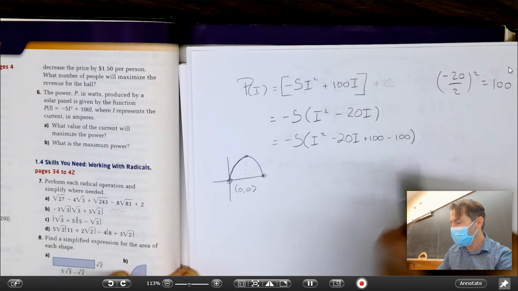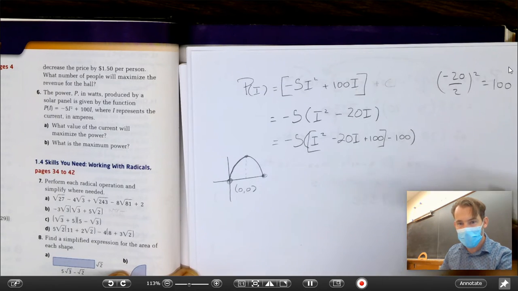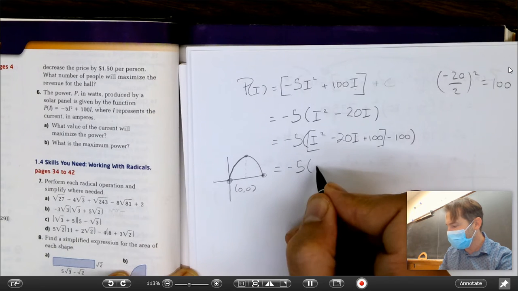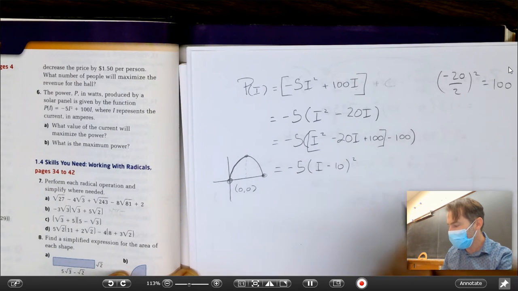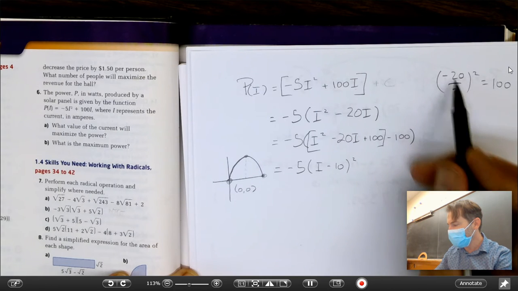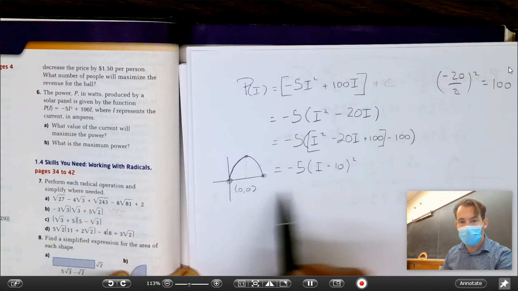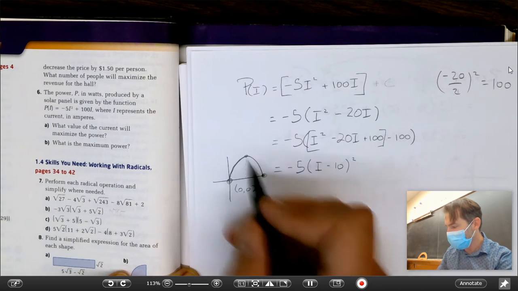Now, I recognize that this is a perfect square trinomial. This is equal to -5 multiplied by I minus 10, squared. I get that from -20 divided by 2, which is -10. So I know that this is the vertex.